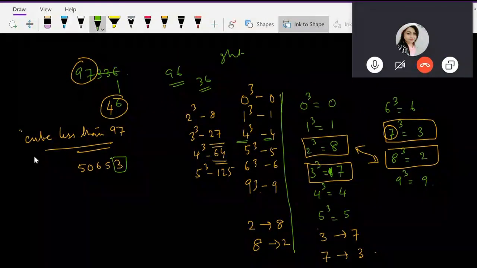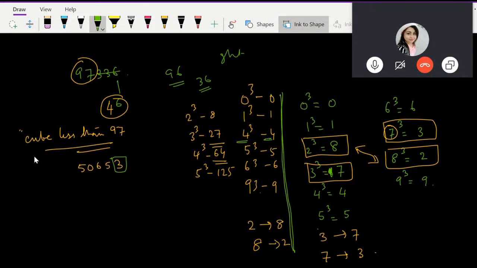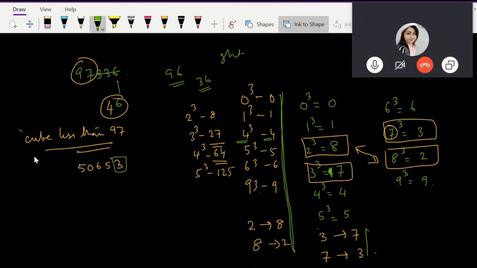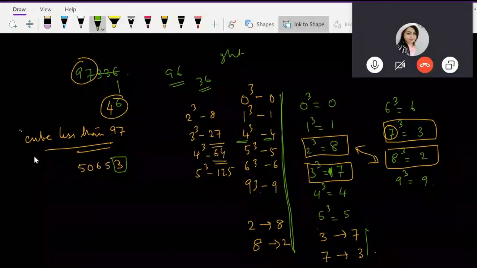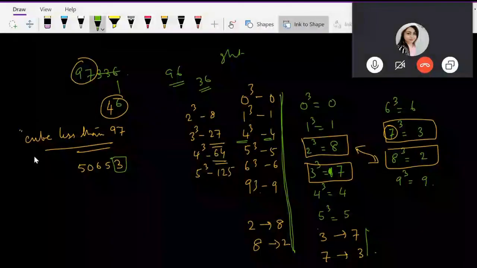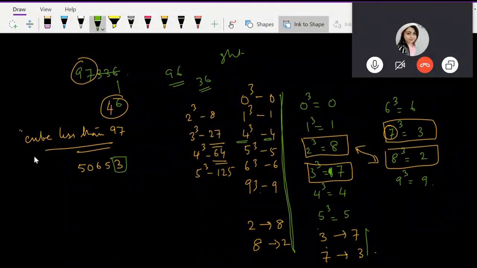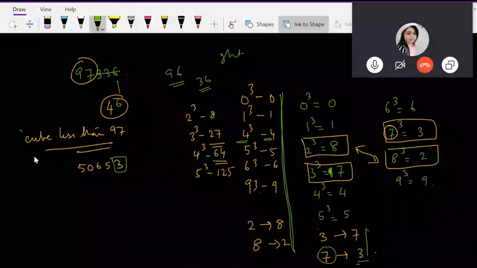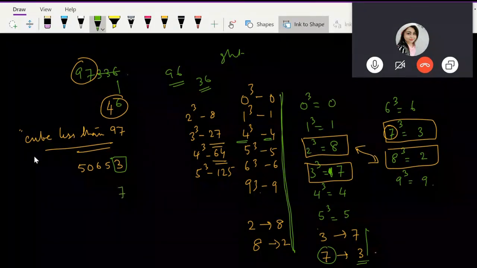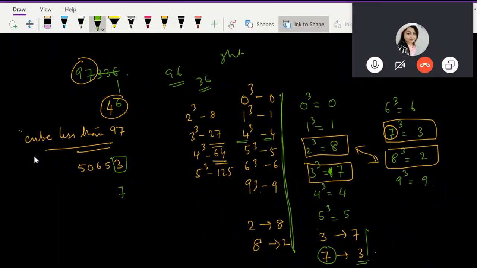Now look at all these numbers and tell me which number when cubed gives 3 as the last digit. 7. This is the only number that will give 3 as the last digit. So the last digit would be 7.